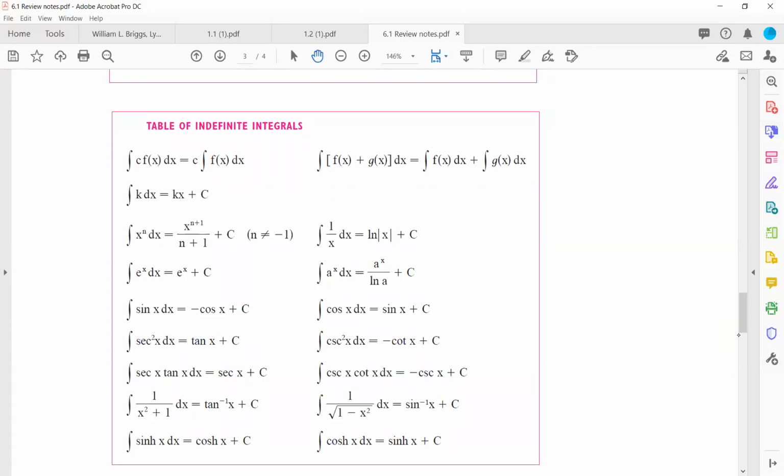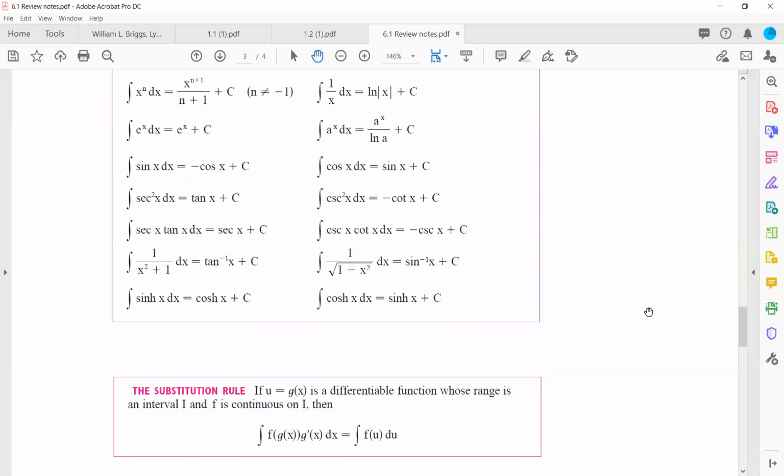The integral of 1 over 1 plus x squared is inverse tangent plus c. The integral of 1 over square root of 1 minus x squared dx is inverse sine. The integral of sine hyperbolic is cosine hyperbolic, and the integral of cosine hyperbolic is sine hyperbolic.